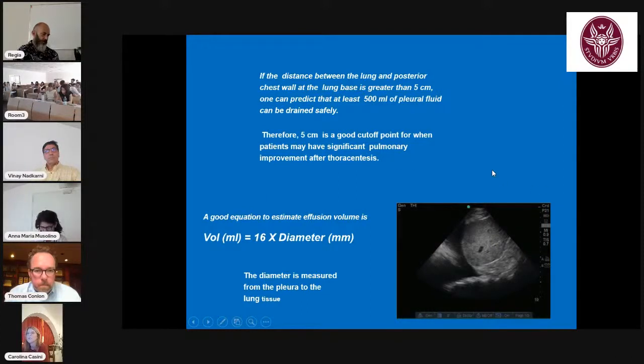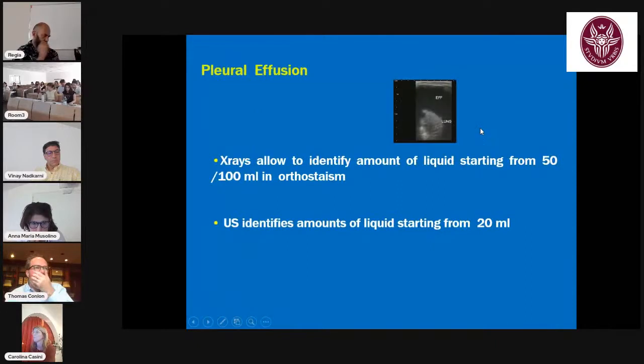We have some way to estimate the effusion volume. One is to consider the distance between the pleura and the lung tissue, and the volume in milliliters is 16 times the diameter in millimeters of the distance from pleura to lung tissue.